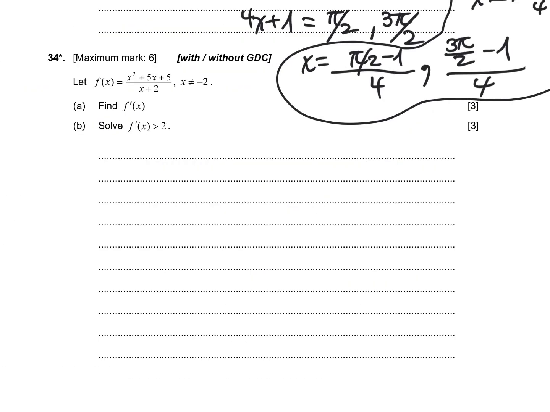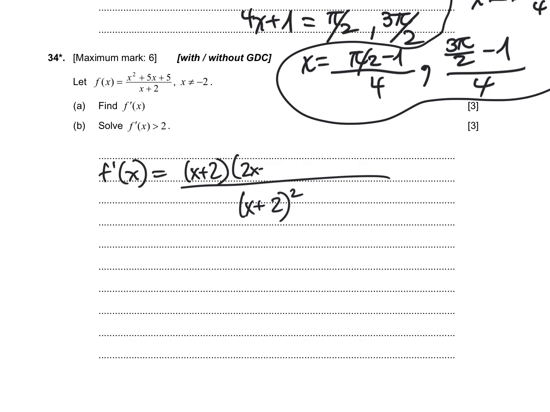Okay, 34. F of x is that, find the derivative. So start with v, top and bottom, and then times v times the derivative of u, which is 2x plus 5, minus u times the derivative of v, which is just 1. Okay.